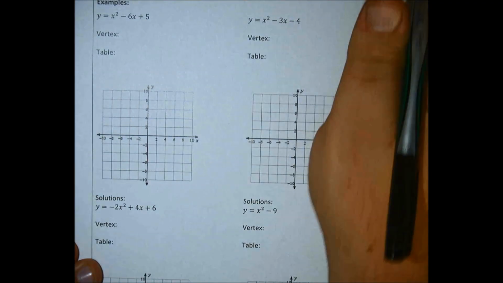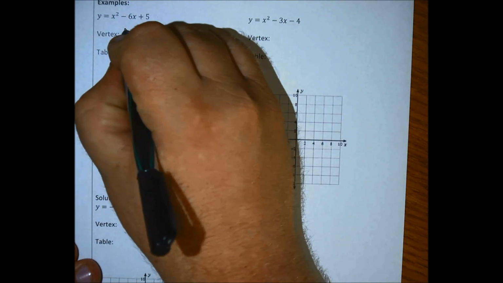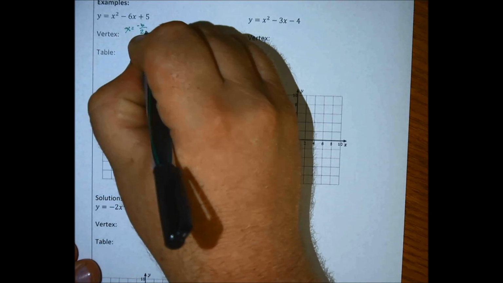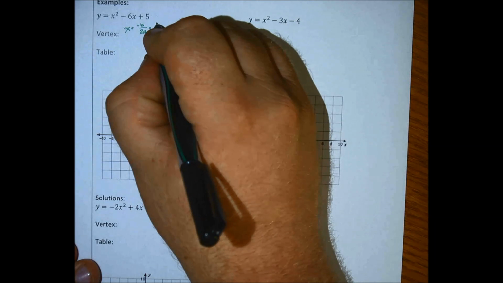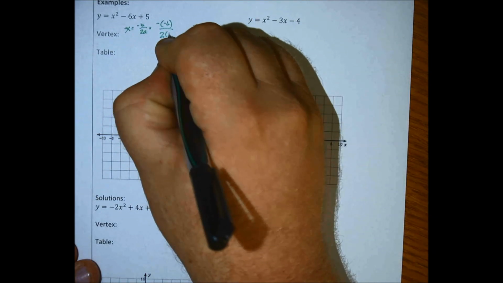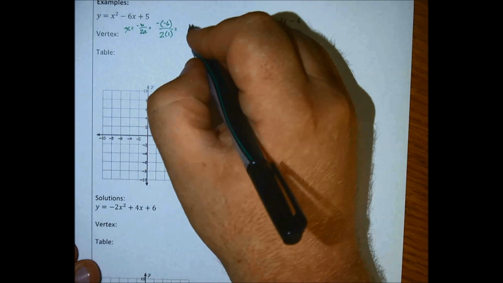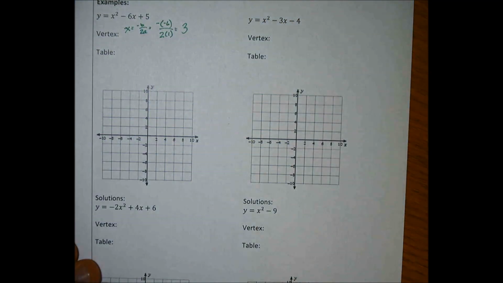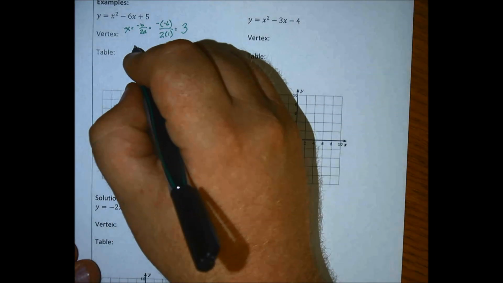And so we're going to have negative b over 2a. Say x equals negative b over 2a. And so we have negative 6 over 2 times 1. And negative 6, or positive 6 over 2, is just going to be 3. So now I want to make a table of values.